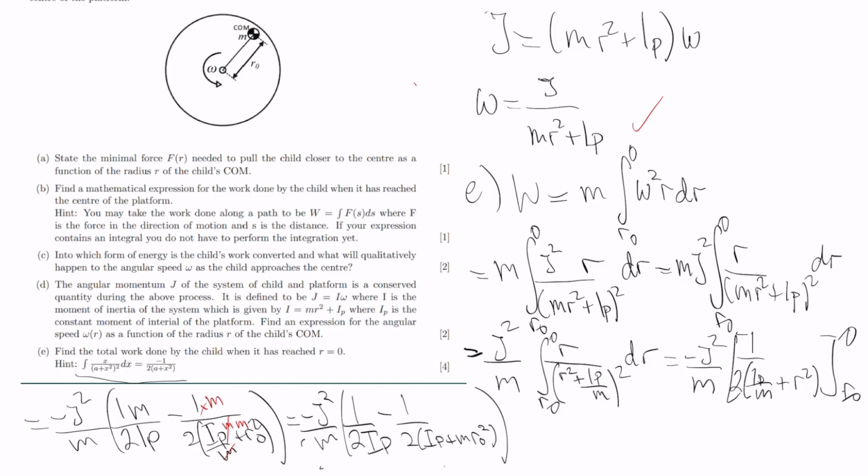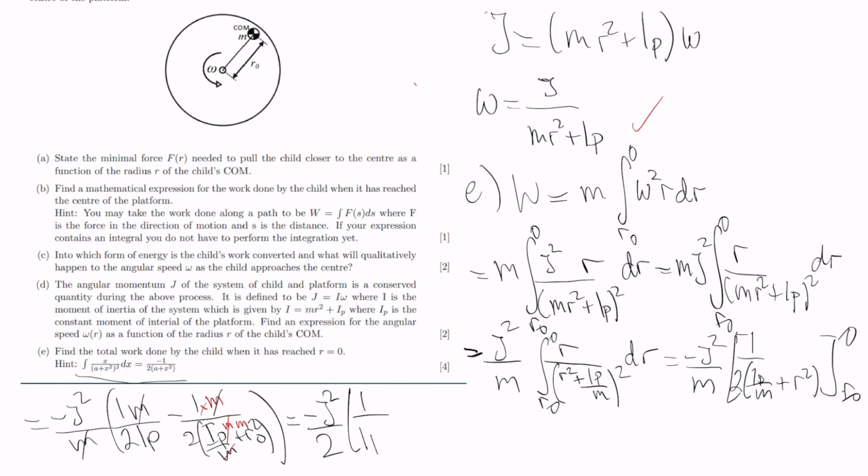I'm going to take the factor of 2 out as well, just to tidy the expression up a little bit. So this thing here will then equal to minus j squared. Now all those factors of m here will have cancelled, and what we're left with is, let's take the factor of 2 out as well.